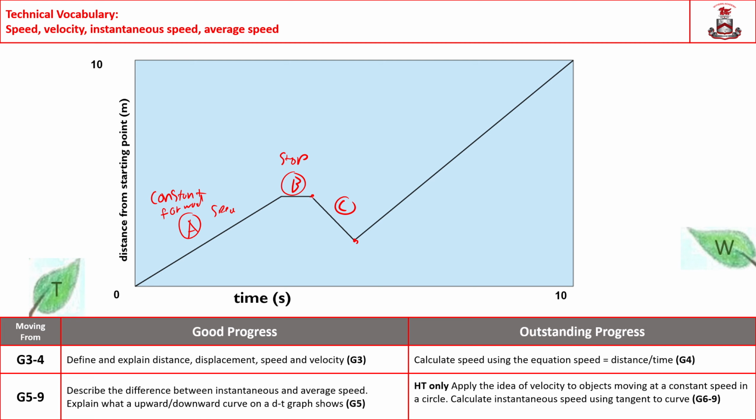What do you think they are doing? They started, let's say they started at 4 meters away, and then they ended up 2 meters away. Well, they've gone backwards. They are moving at a constant speed, but they are moving backwards.